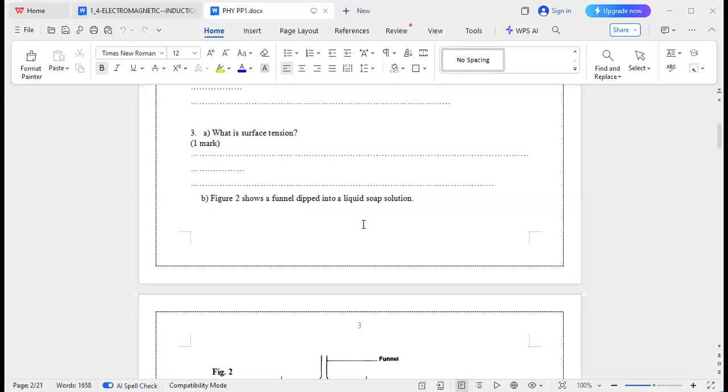Surface tension is basically the force acting on the surface of a liquid that makes it behave like a stretched elastic skin.